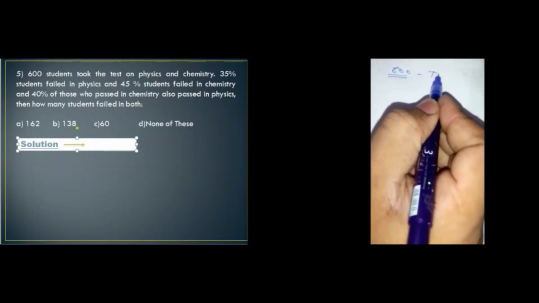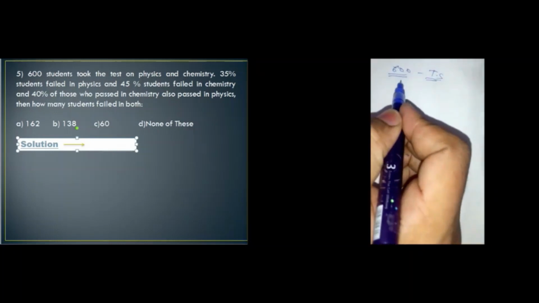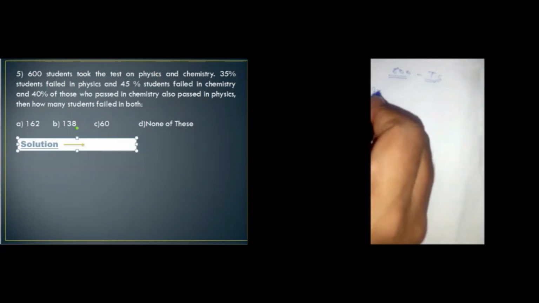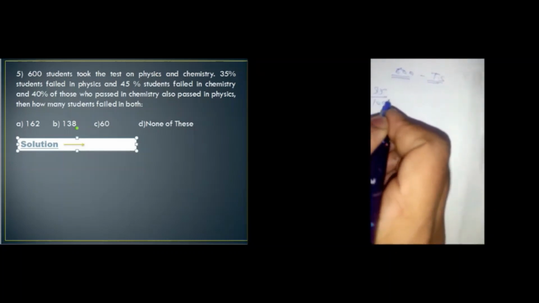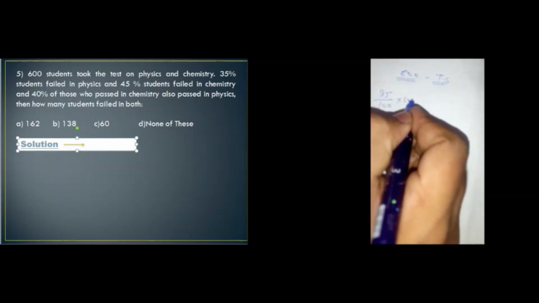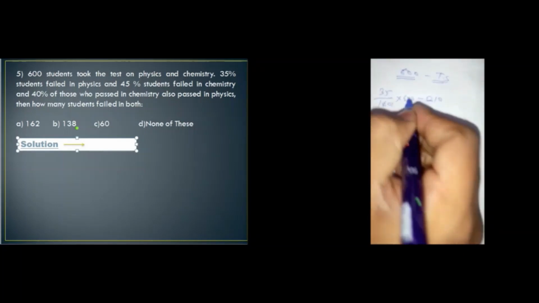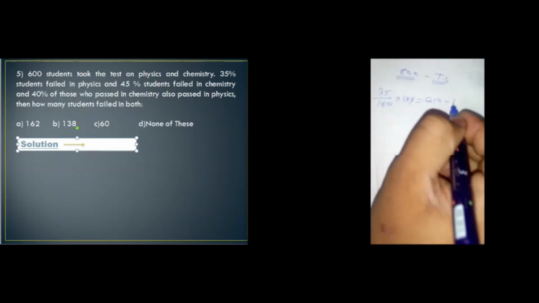Let's see the solution for this. So total students are 600. Out of these 35% failed in physics. So 35% of 600 is 210 students failed in physics.